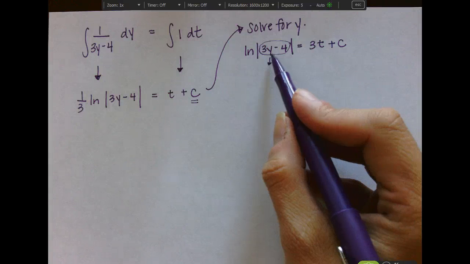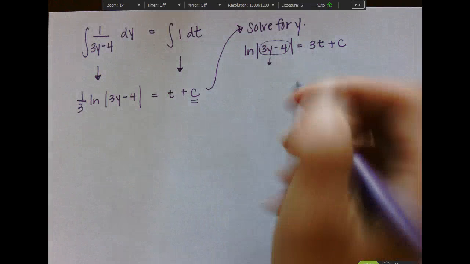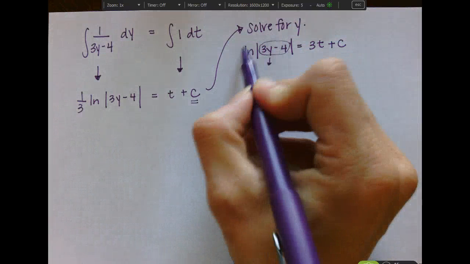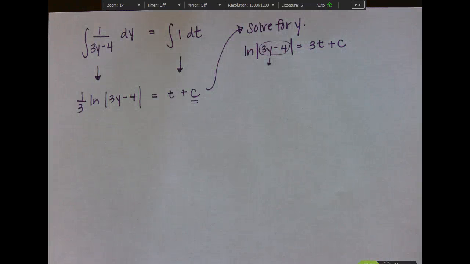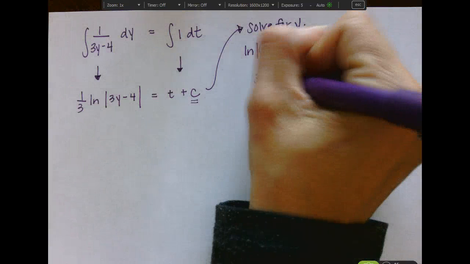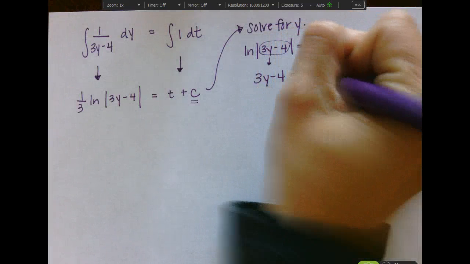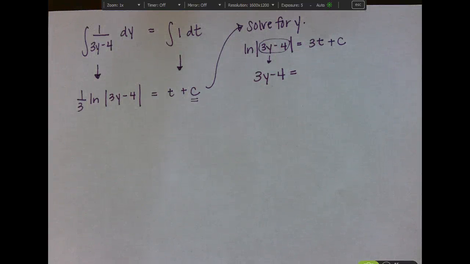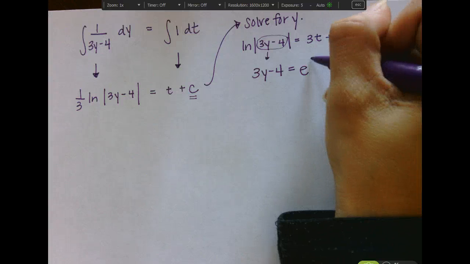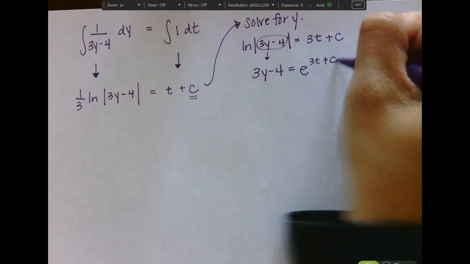And what that will do is it will isolate the argument. So if I raise e to the natural log of 3y minus 4, the property of log says that e and natural log are going to cancel out. So on the left side of the equation I have 3y minus 4, and on the right side I have e to the 3t plus c.